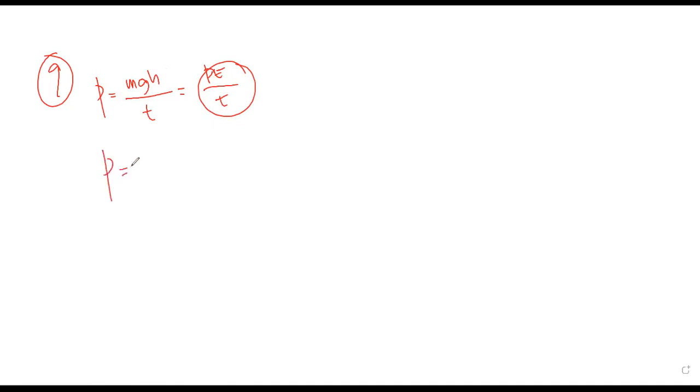So we have here item number 9. So power, that is mass, gravity, height divided by time. Take note, it's basically potential energy, no? So divided by the unit time. Okay. So the power, no, can be calculated as, okay, so that's 50 kilograms.